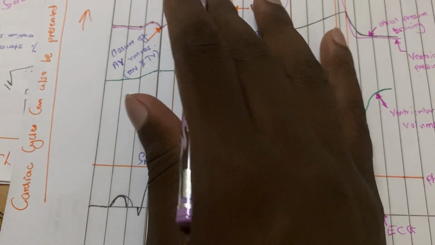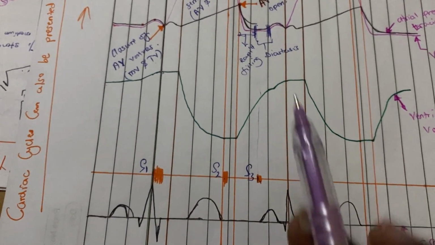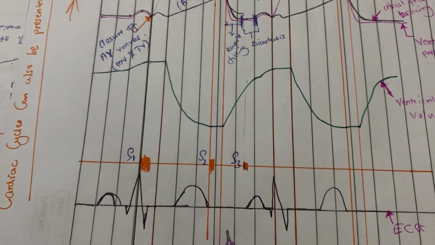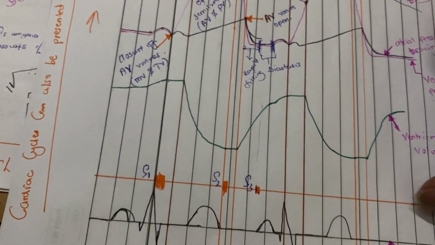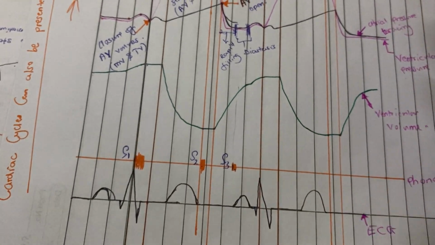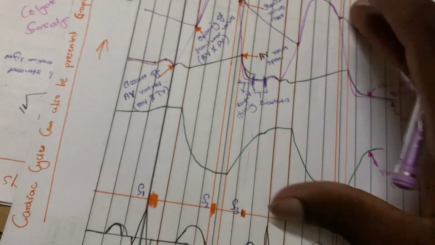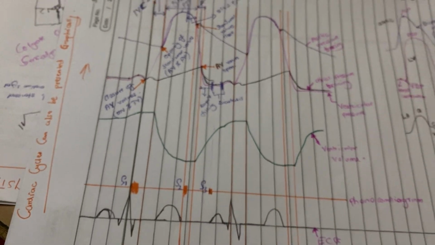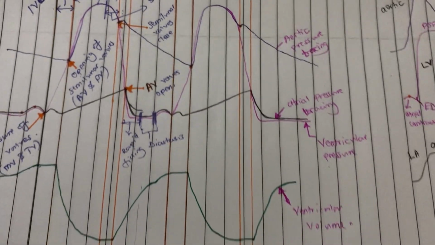The T wave coincides with the peak of systole and therefore relaxation, and then the cycle continues like that. As simple as that. There's nothing more to say in this. They may not ask you to draw this one, but it's very important if you can remember it. Maybe in advanced stages in cardiology, you may be required or asked to draw it.